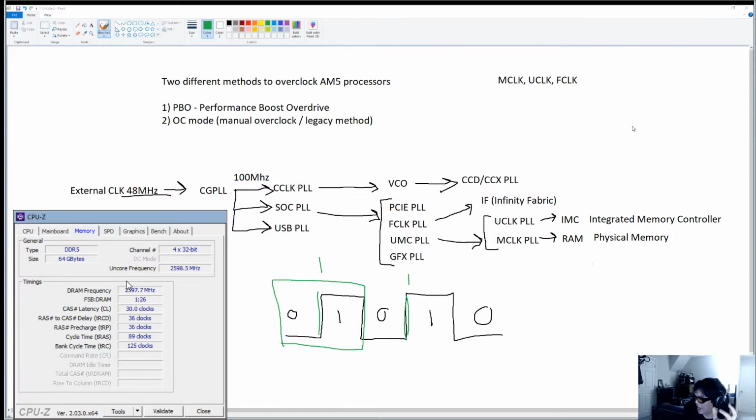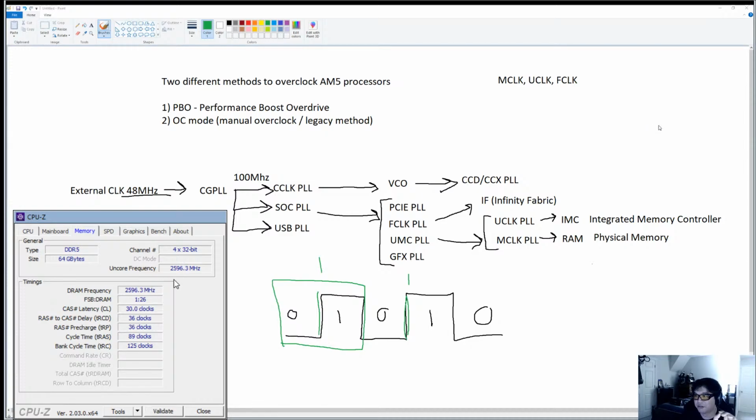That's the actual rated speed on the memory. We're running 64 gigabytes at 5200 megahertz. But remember, the 5200 megahertz is the double data rate number, the DDR number. So the actual frequency is going to be half of that. So that's why it's showing 2600 here in CPU-Z.